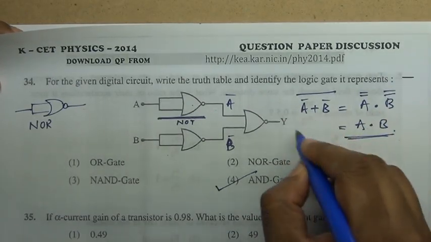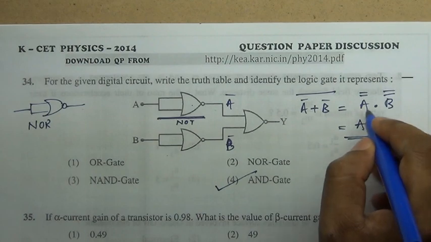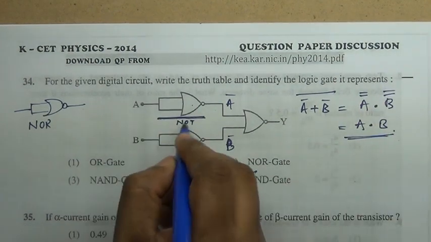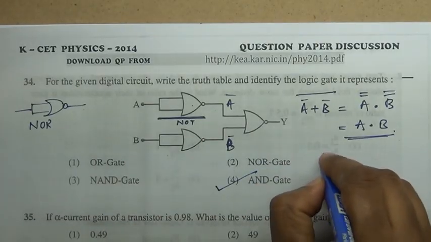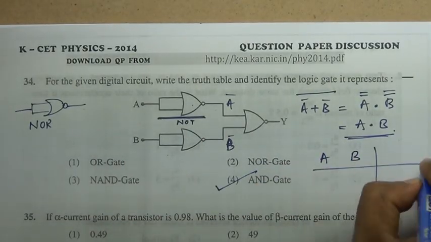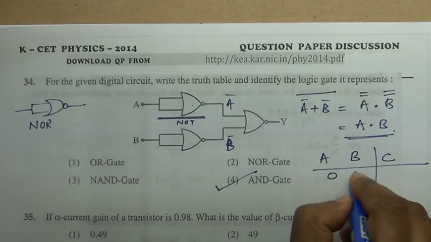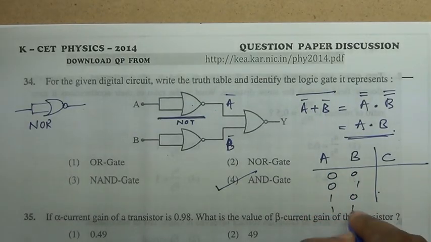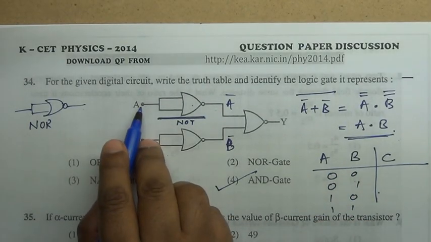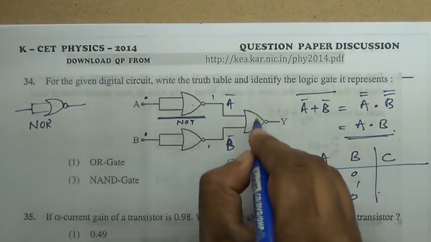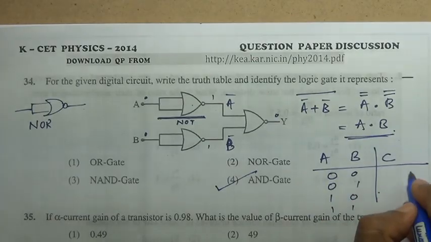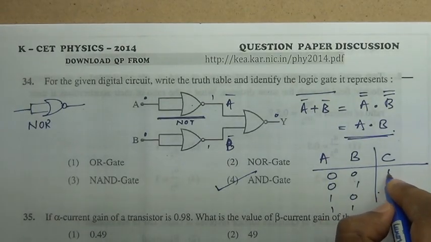If you are not sure about solving this type by this method, then you can give values and find. Like, write the truth table. A, B, this is C. 0 0, 0 1, 1 0, 1 1 gives 0 0, 0 1, 1 0, 1 plus 0. So this is 0.